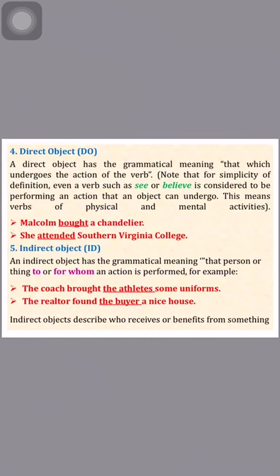Okay, this means that once we say a direct object, it is affected by, under the effect of, or undergoes the action of the verb.